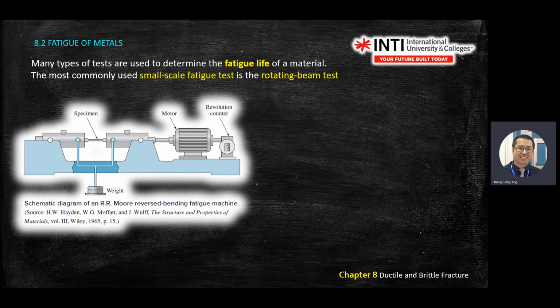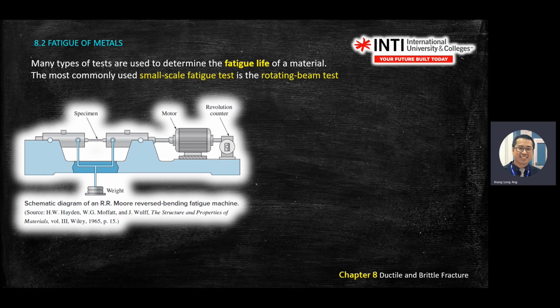So you have seen this machine before in your lab session. We will use a fatigue test to do the experiment. You put in the specimen and then you rotate, and you count how many cycles until it breaks. The weight in your experiment is on the left hand side. You screw on the 200 Newton.